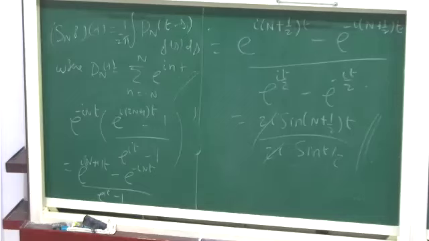And 1 by s, I can replace it by 1 by k pi. Where k is already used? K is capital K, that's small k. You want m? Okay. Are you okay?